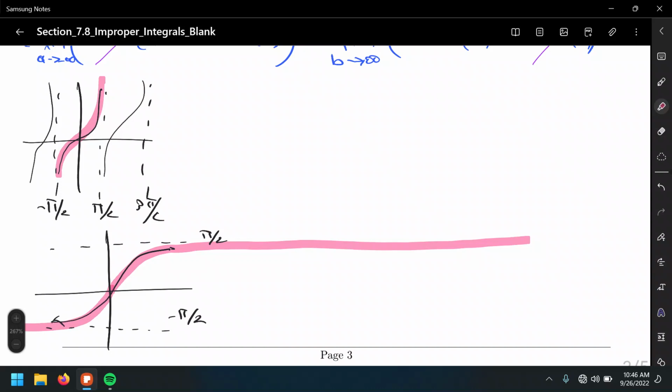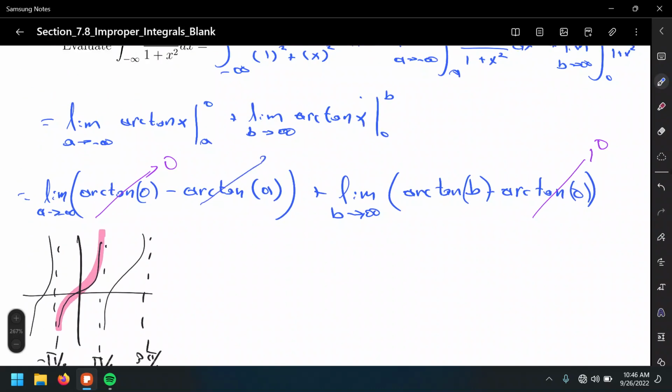So coming back to computing the limit, this one is going to go to negative pi over 2, and this one is going to go to pi over 2. Now be careful, negative times a negative is positive, so pi over 2 plus pi over 2 is going to be pi.